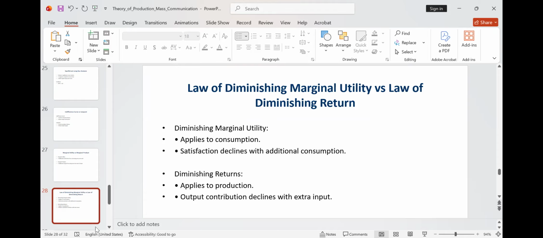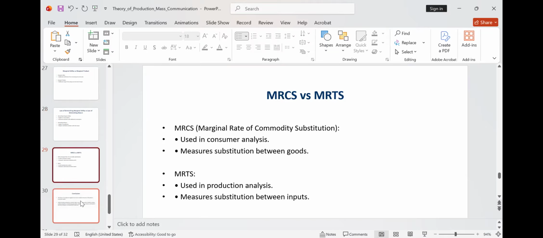If the satisfaction you are deriving from it is reducing, you call it diminishing marginal utility. But if it has to do with production, you have a plot of land, you keep on using it, and the total output you get is reduced, then that is called diminishing returns. So take note of that.